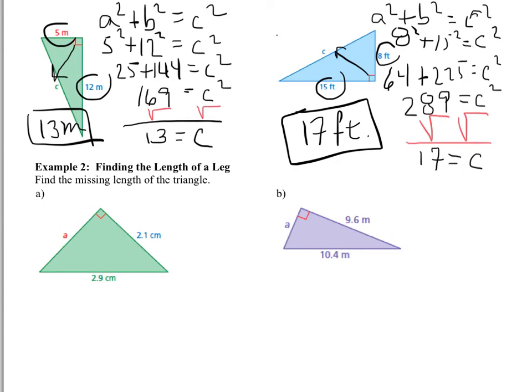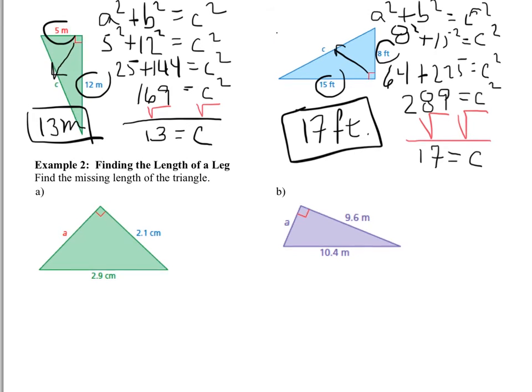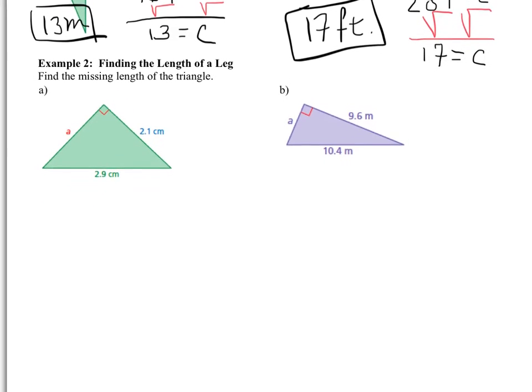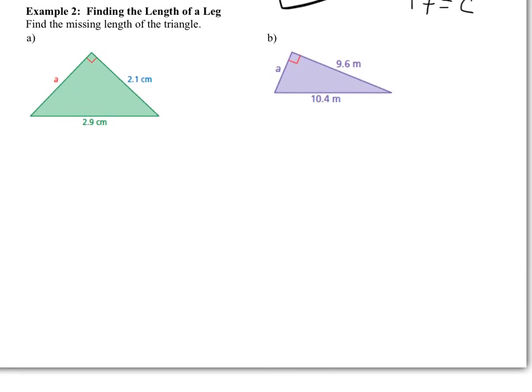Okay. Now when we look at these next two, very similar, same exact kind of setup. We just have to look at the information we have to figure out what we go for next. So here we're going to say a squared plus b squared equals c squared. We're looking for the length of a side. Notice though, this time, what we have for information is one of our legs, and then we're going to square that.